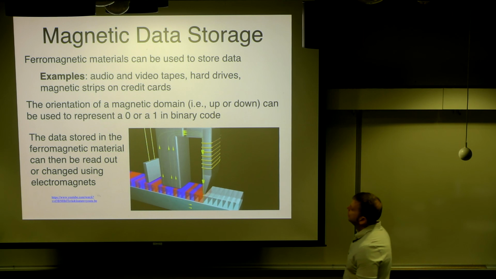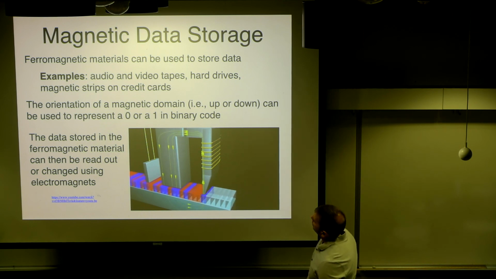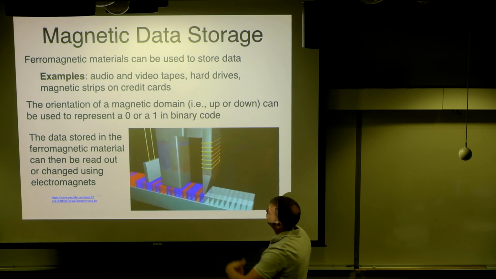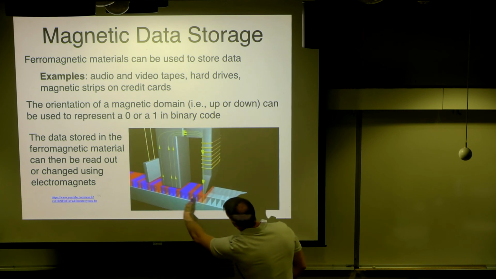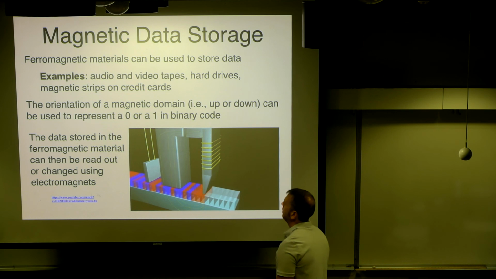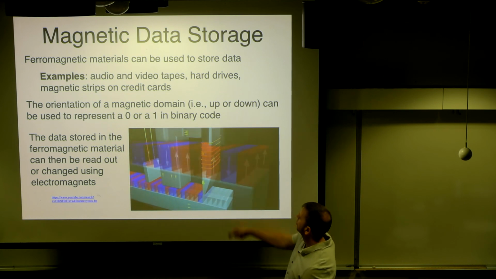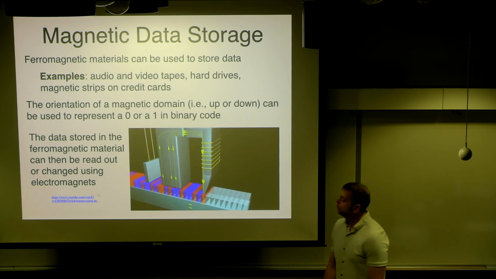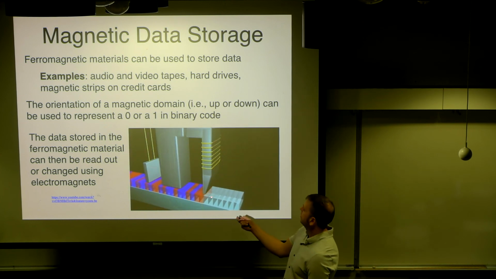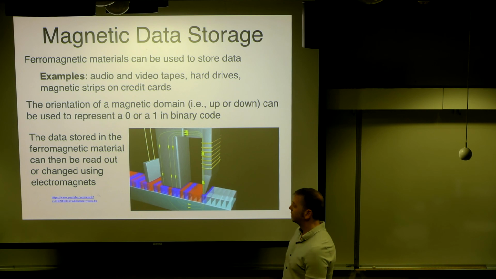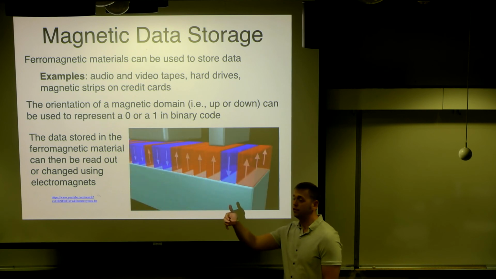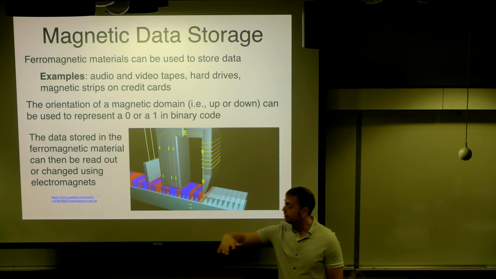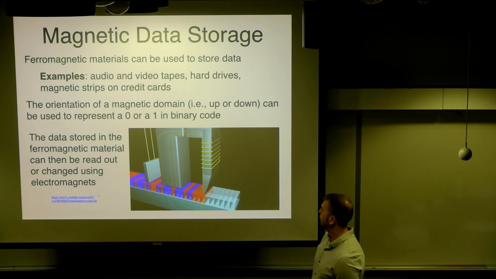Basically, if I take an electromagnet and run it over the magnetic domains on my tape, I can induce some current to start flowing in that electromagnet and therefore read out the data. I can also use an electromagnet to overwrite the data. I can take a magnetic domain that's facing up and flip it down, or erase a bit by using electromagnets.